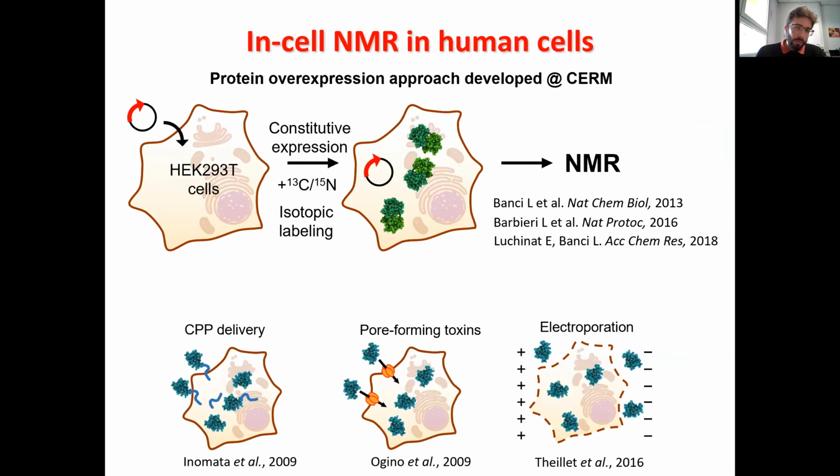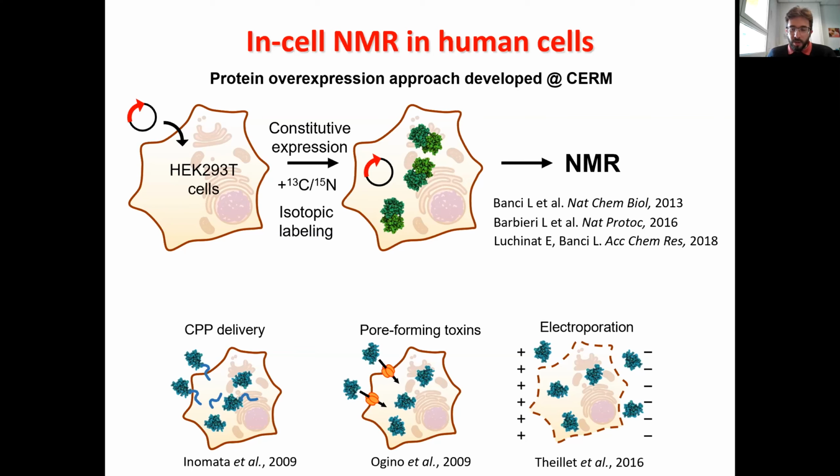So how do we do in-cell NMR in human cells? A few years ago, we developed a method for overexpressing proteins in mammalian cells. We adapted an existing protocol, and this is very suitable for in-cell NMR because it allows reaching quite high expression levels, and we can perform isotope labeling in human cells.